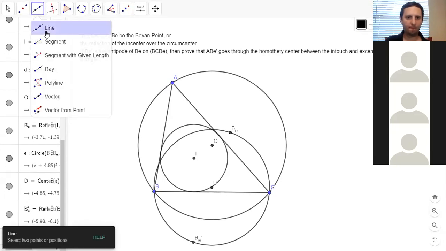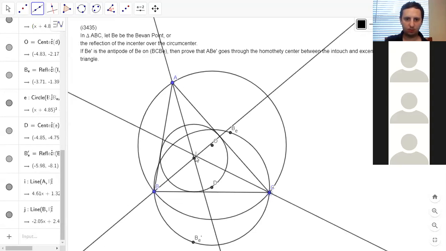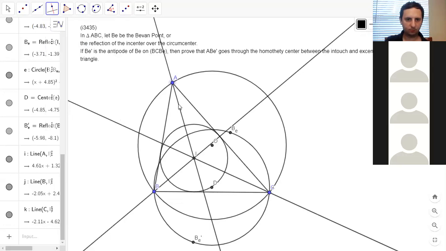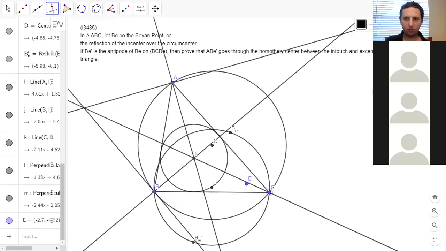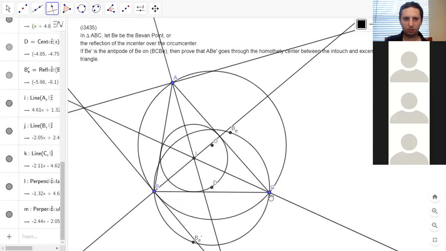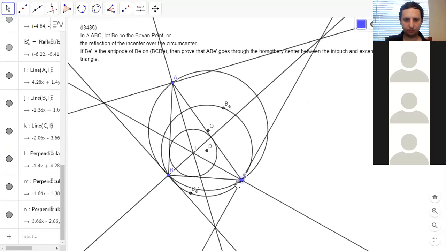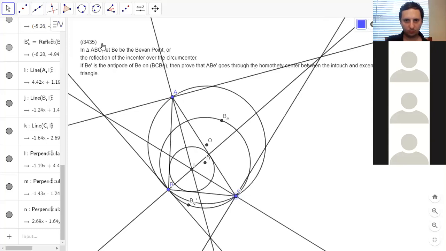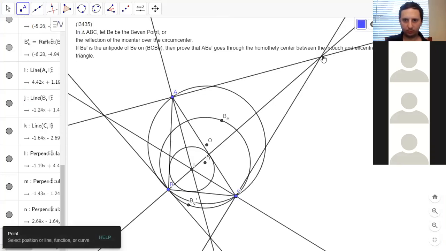So, draw the perpendiculars. So that's the excentral triangle. Let me shrink the diagram. So these 3 points.